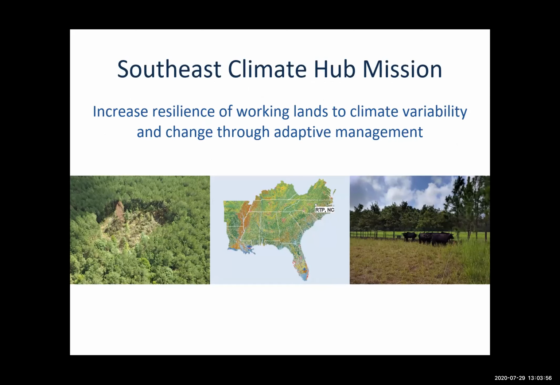The Southeast Hub covers 11 southeastern states, all the way along the coast from Virginia, all the way around through Louisiana, and then up through Arkansas, Tennessee, and Kentucky, and also the forested eastern portions of Texas and Oklahoma. One of the challenges we face is covering such a large geographic area containing highly diverse working land communities.